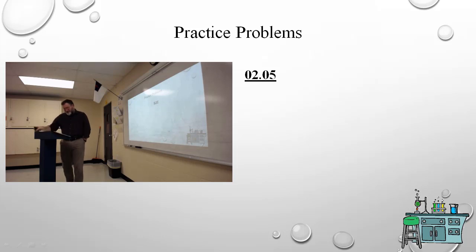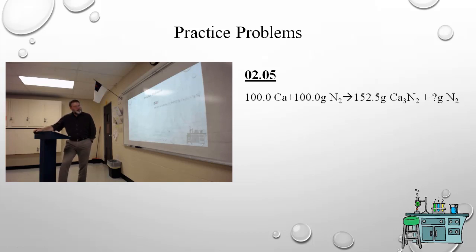Anyway, in making calcium nitride, 100 grams of calcium plus 100 grams of nitrogen makes 152 grams of a product, it says, along with some leftover nitrogen. How much nitrogen and calcium should be added to make 1 kilogram of calcium nitride without any leftovers?